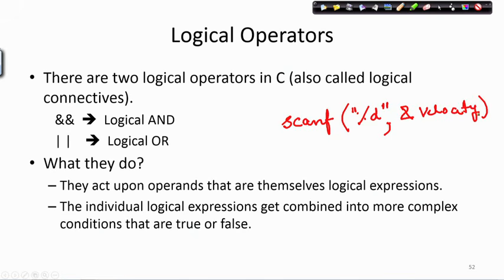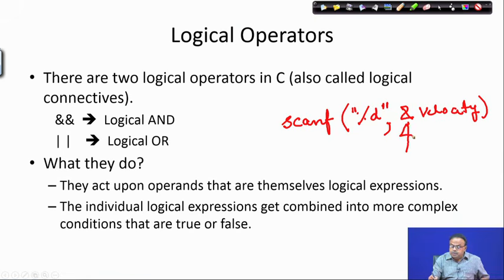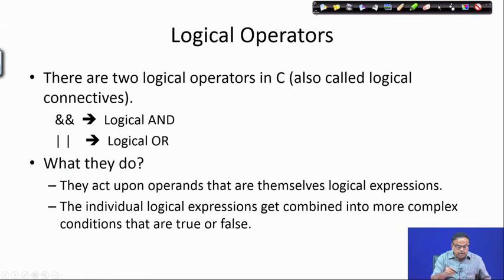In that case, the ampersand is used to mean the address of this variable velocity. So, in order to differentiate between this usage and the logical operator, logical AND is denoted as 2 ampersands.